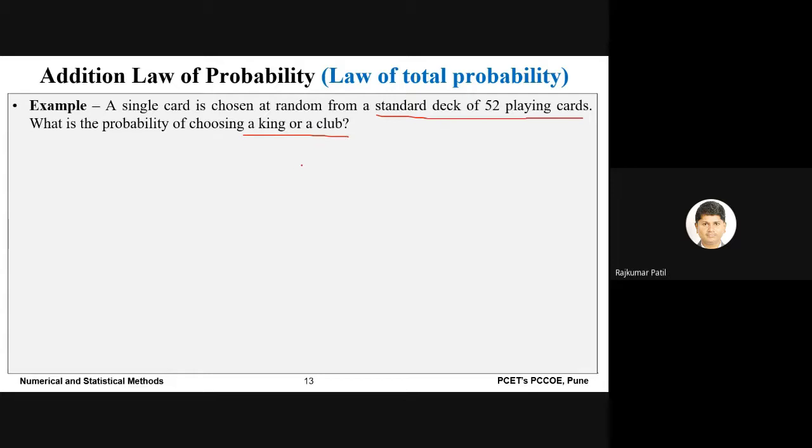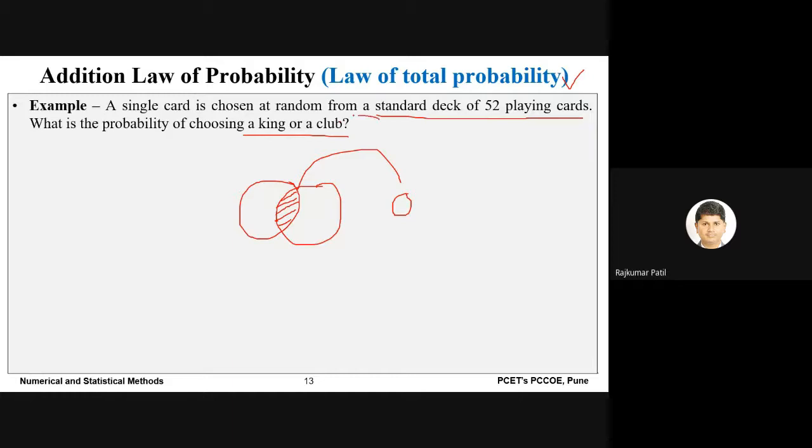In the previous 2 examples of the addition law of probability, we observed that the joint probability, or the overlapping area, was not there. So we assumed the probability of the overlapping area is equal to 0.